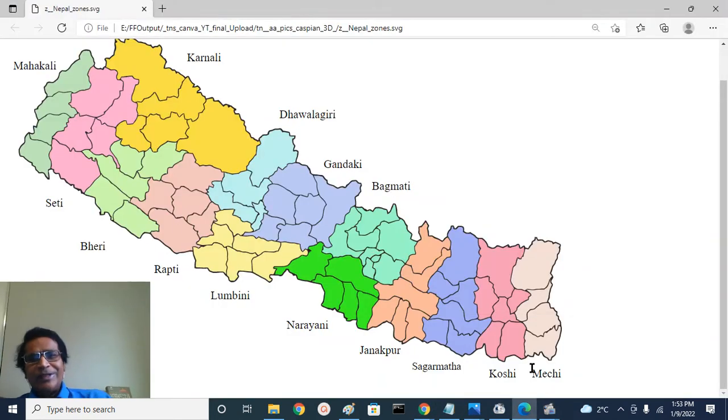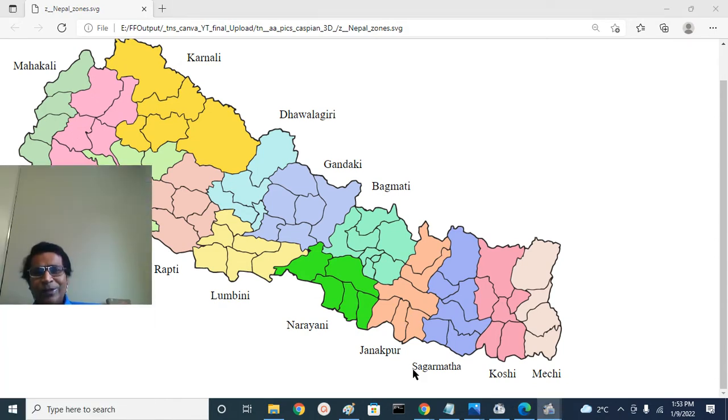Yeah, you can see I have put this is the Mechi district, Kosi district, and Sagarmatha district, Janakpur district. South we saw the Muzaffarpur and Darbhanga regions. This is the Janakpur region, Narayani, Bagmati, Kathmandu Valley will be here, because this is the Mechi. There is a Mechi river, a tributary of the Mahananda river, which is a tributary of the Ganga river.